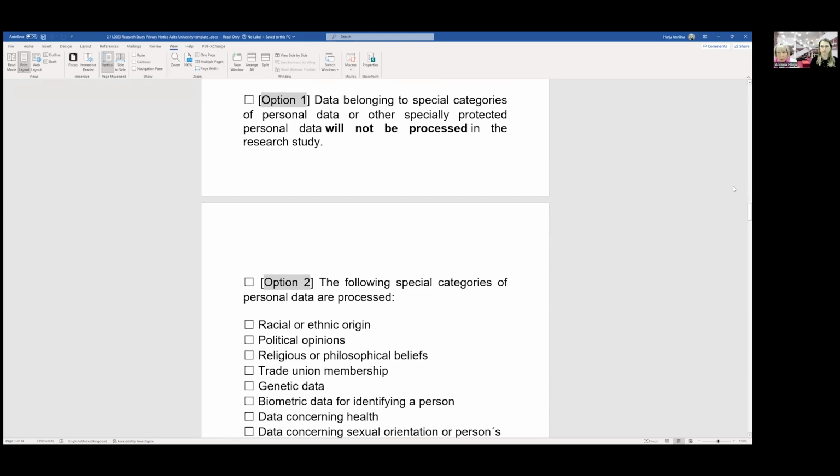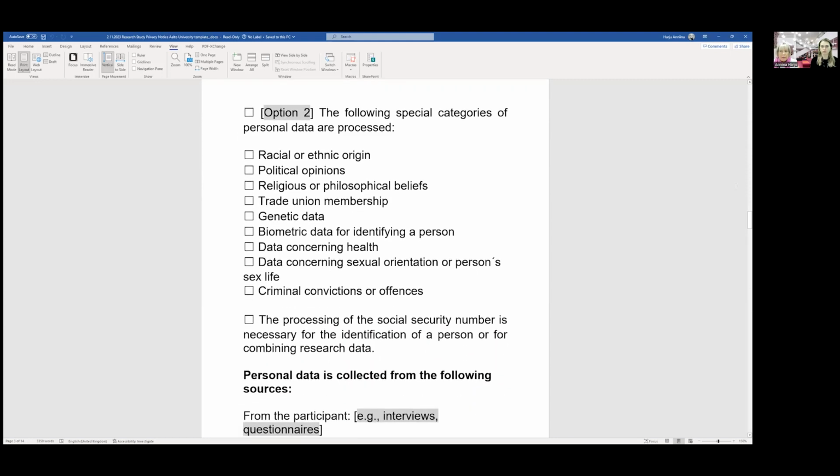And if you do have the special category data, then you choose option 2. Unfortunately, the GDPR is drafted so that it reads racial or ethnic origin. Of course, we all know in university that races do not exist, but this is how it's written in the legislation, and this is the ethnic origin.